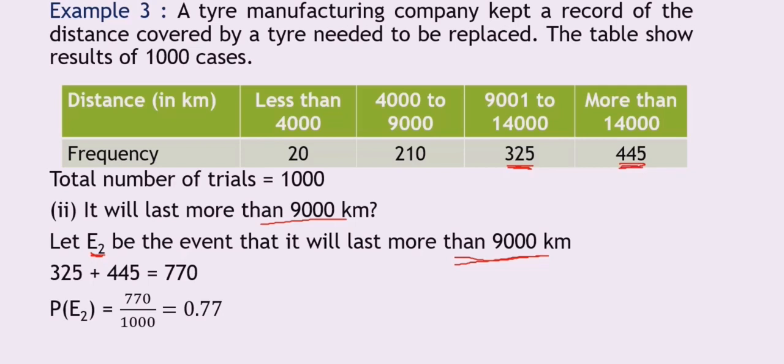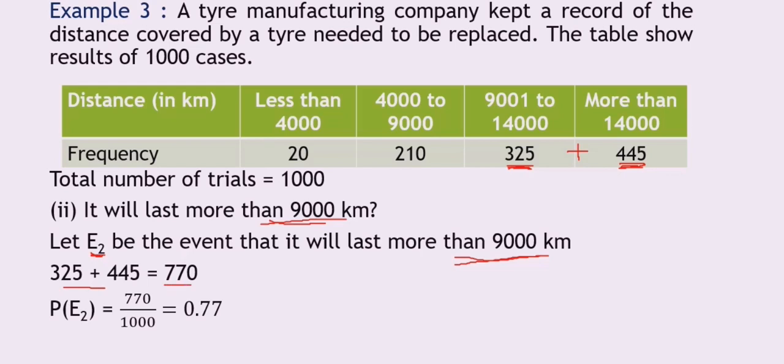So there are two cases here, 325 and 445. Why are we adding them? Because our event is more than 9000. 9001 is more than 9000, and more than 14,000 is also more than 9000. So the total number of times this event has occurred is 325 plus 445, which is 770.